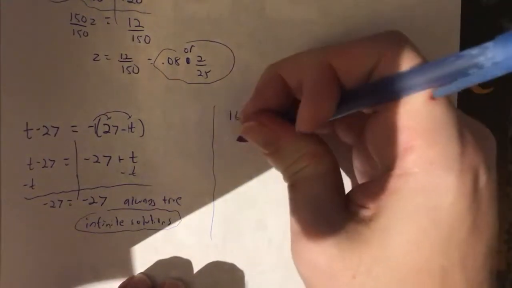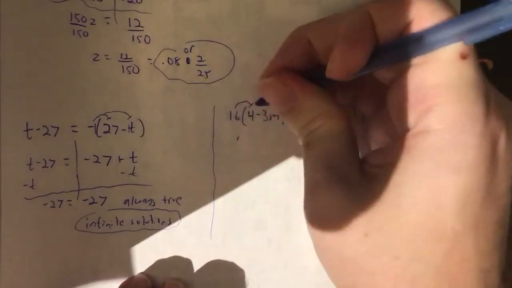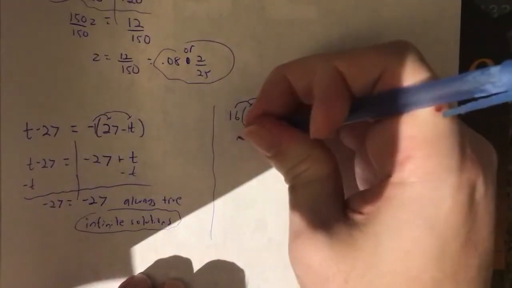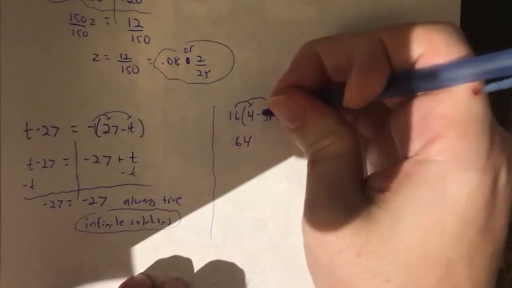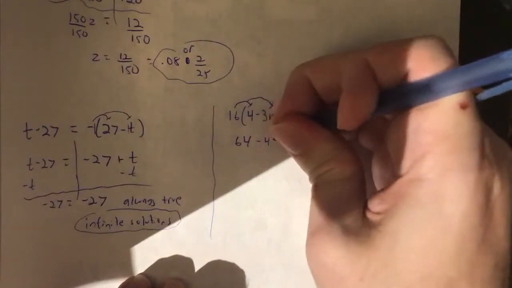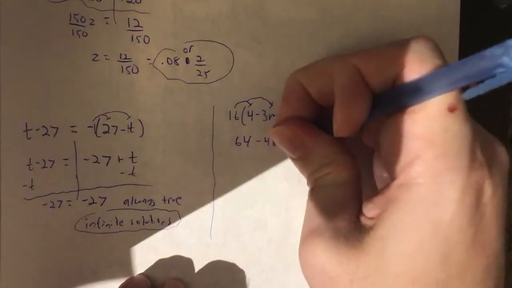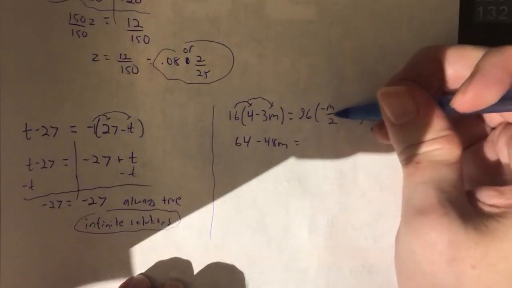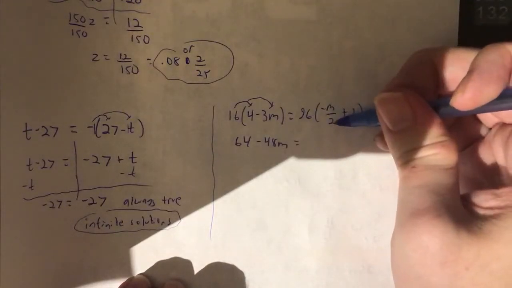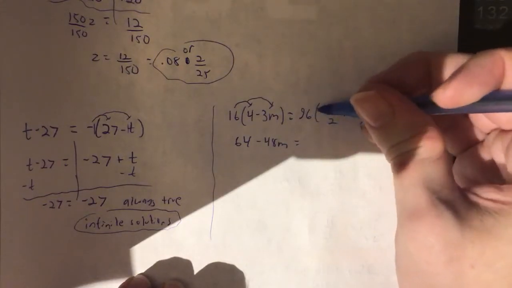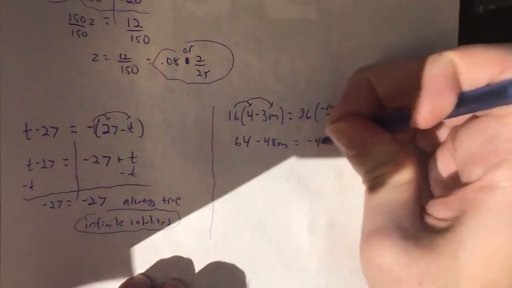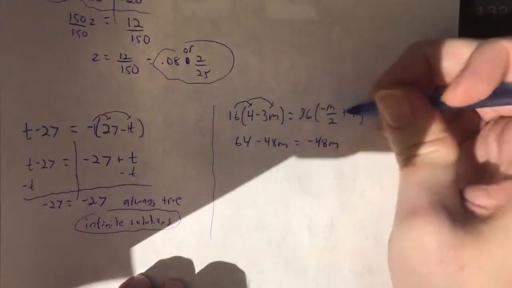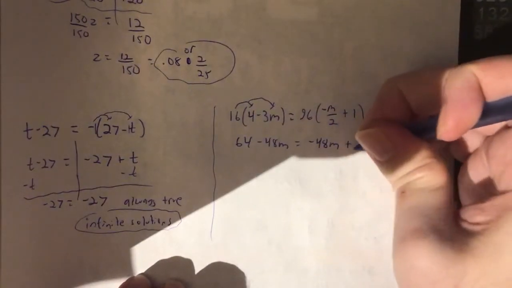So I'm going to distribute, and I'll show the arrows too. 16 times 4 is 64. 16 times negative 3 is negative 48 with the m. Other side, 96 times negative m over 2. 96 divided by 2 is 48, so this is just negative 48m. And 96 times positive 1 is positive 96.